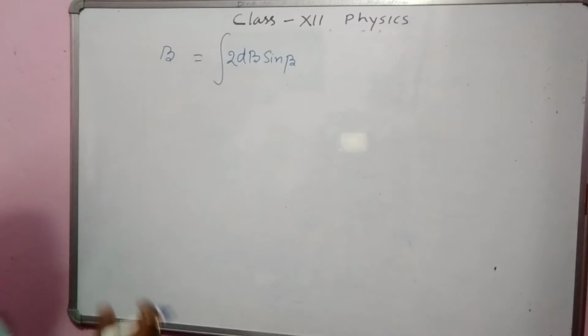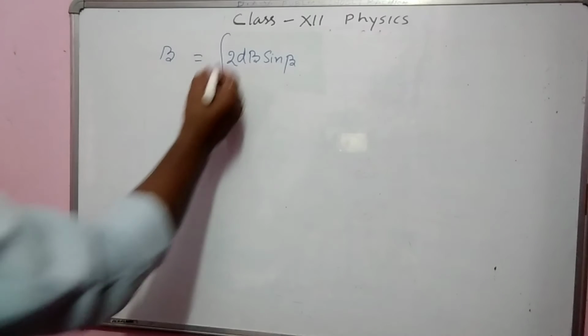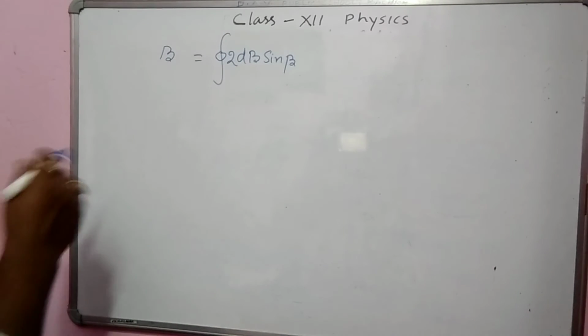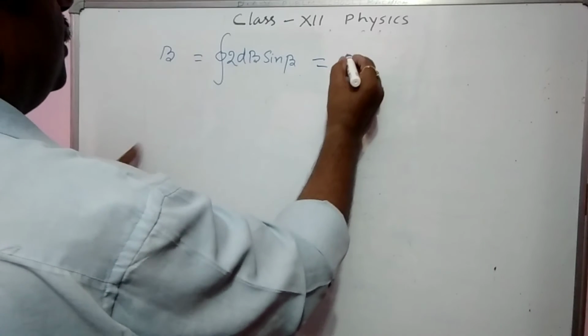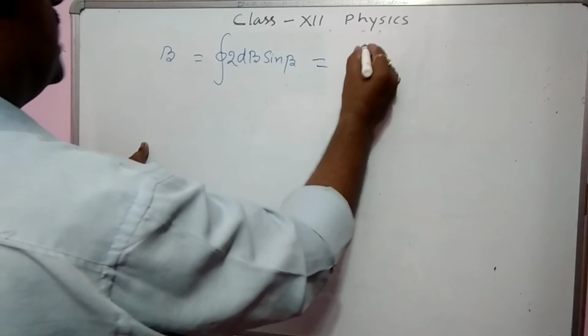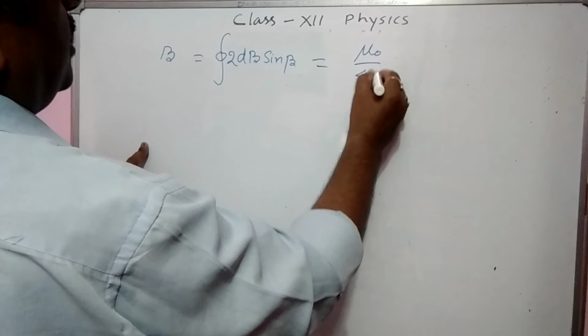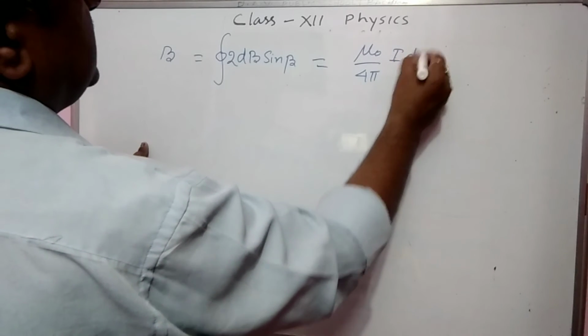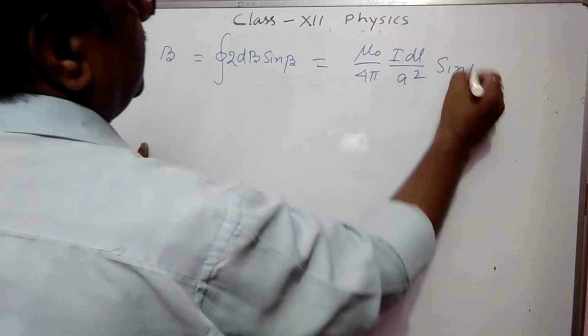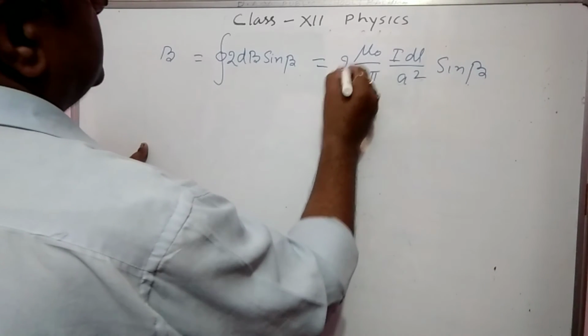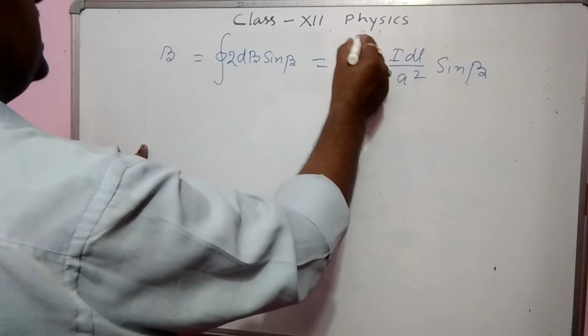This is a line integral. If we integrate it for the whole circumference, we will get the total magnetic field. On substituting the value of dB, we get mu naught by 4 pi, I dl by a square, into sine beta, with a factor of 2, and integration.